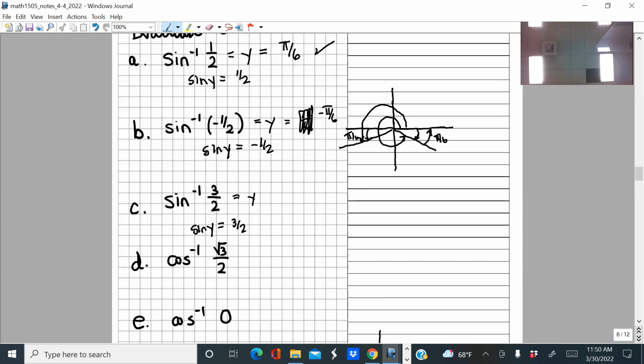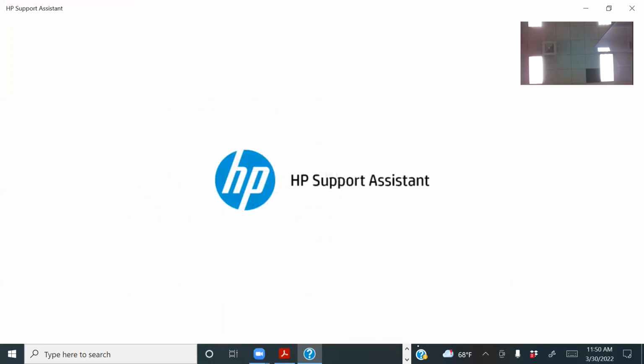But does that ever happen? How big does sine get? What's the largest value you get when you compute sine of something? 1, right? Remember, the graph only goes up to 1. It goes down to -1. You cannot have sine of an angle ever being 3/2. So the answer here is that this is undefined.